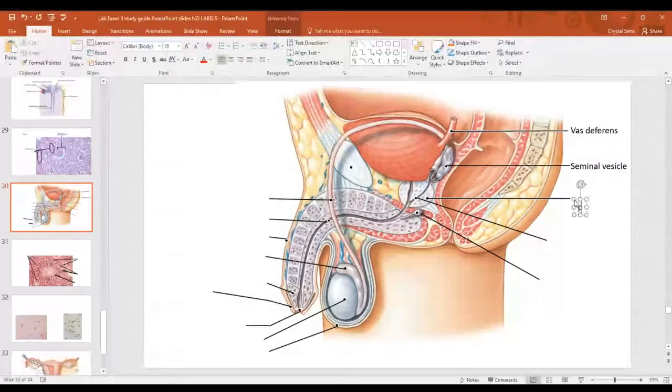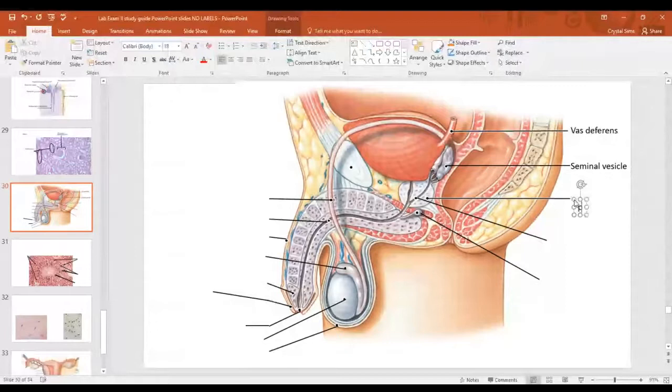Okay. So the seminal vesicle, and then my next one over here to the right is going to be our prostate gland, the larger structure. And then my next structure is pointing to the little structure there that goes through the prostate gland.